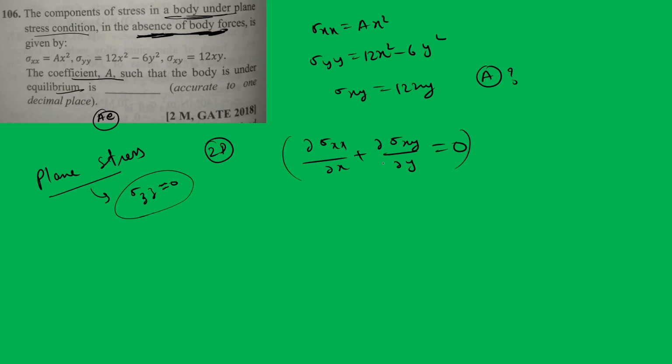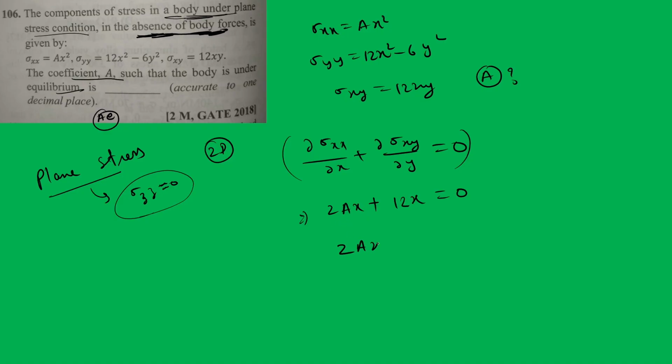Now we have to differentiate. If you differentiate sigma xx with respect to x, you will get 2ax. If you differentiate sigma xy with respect to y, you will get 12x, and this is equal to 0.